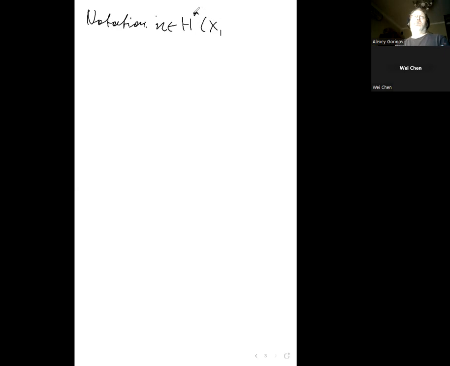And A, a homology class of the same degree, with coefficients in R.